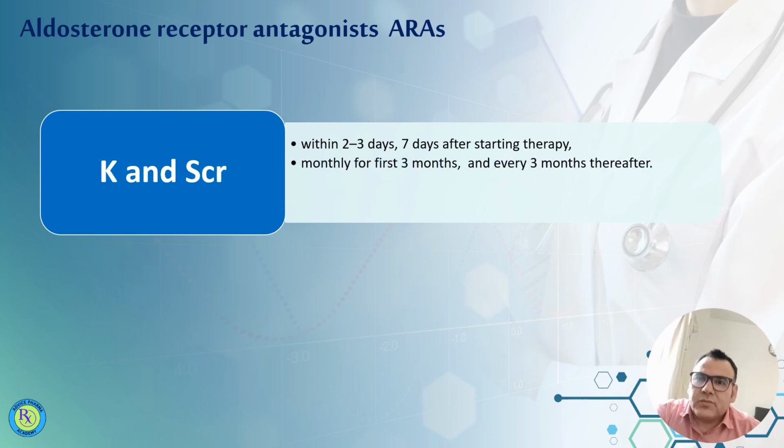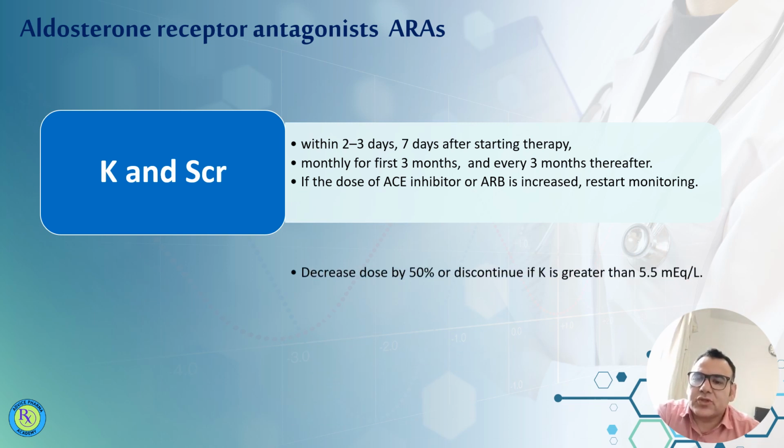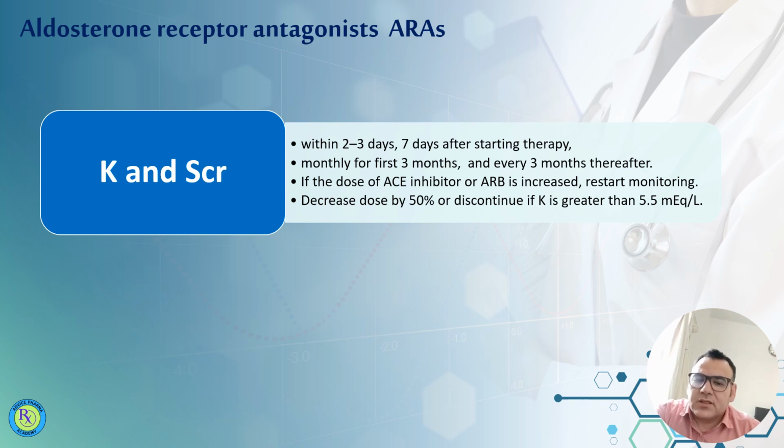Later on it should be monthly for the first 3 months, then every 3 months thereafter. And if the dose of ACE or ARB is increased, we need to restart the monitoring again. The dose can be reduced to 50% if potassium is very high, above 5.5, because it's a medical emergency that may cause arrhythmia and need patient admission.